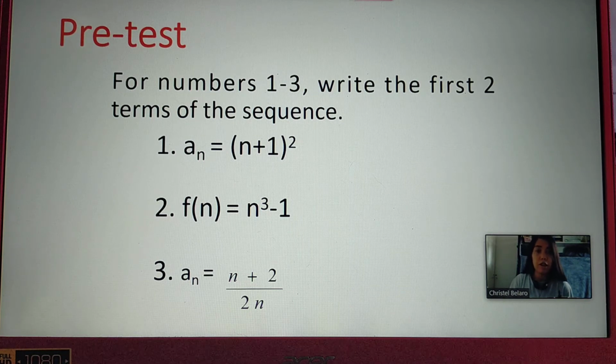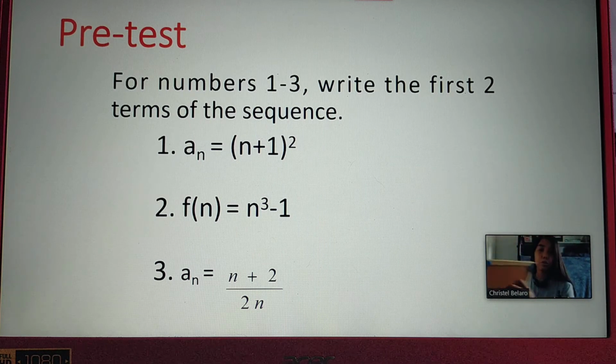Okay, Francis, what is your answer? Okay, what is the first term? Okay, the first term is 4. How about the second term? Okay, the second term is 9. So we have the sequence 4 and 9. Okay, so this is the solution.